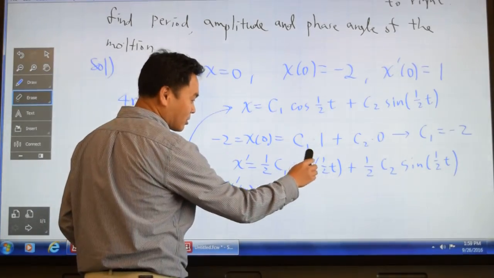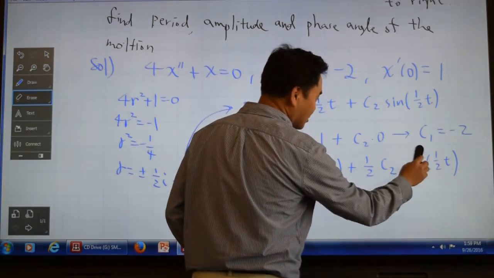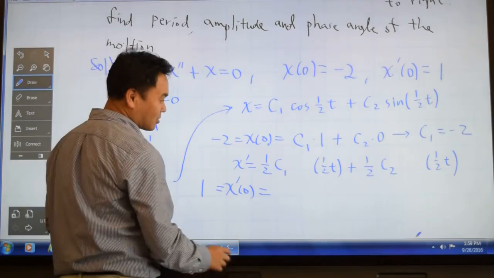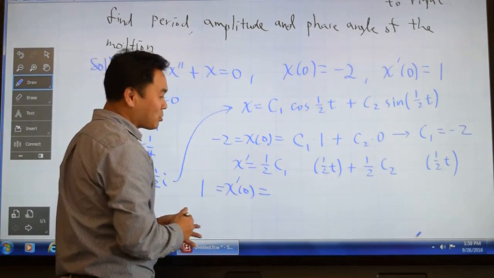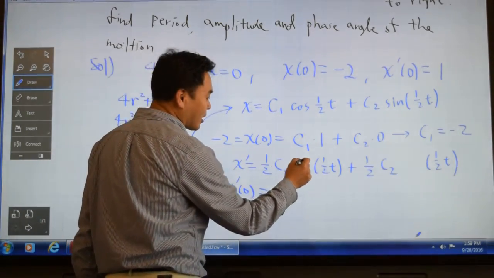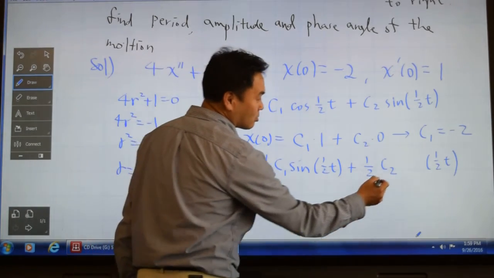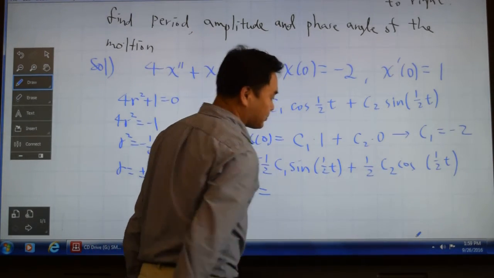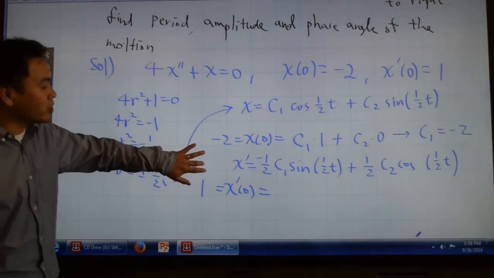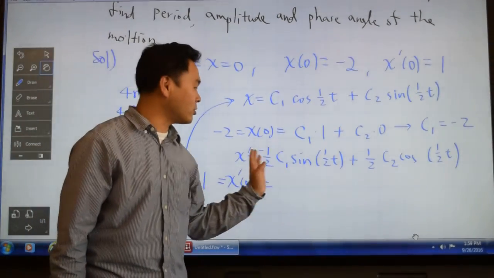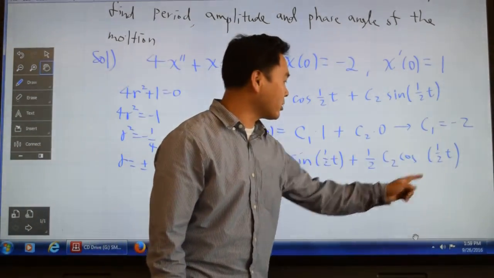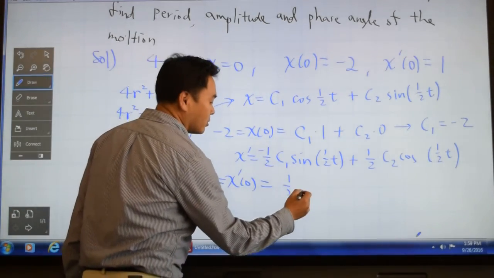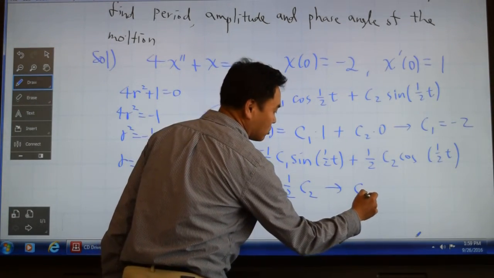I'm sorry, I applied the chain rule and forgot to differentiate. It should be sine with the minus, and this will be cosine. Then you plug in 0. Sine of 0 is 0, so that's gone. You get 1/2 C2, so that gives you C2 as 2.